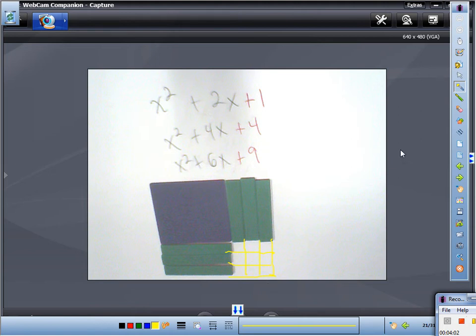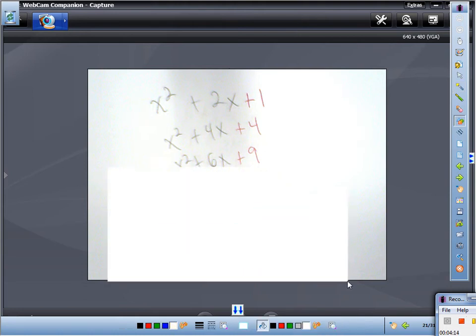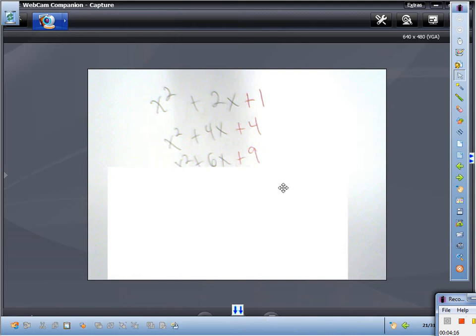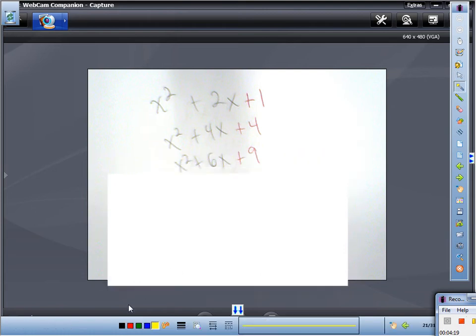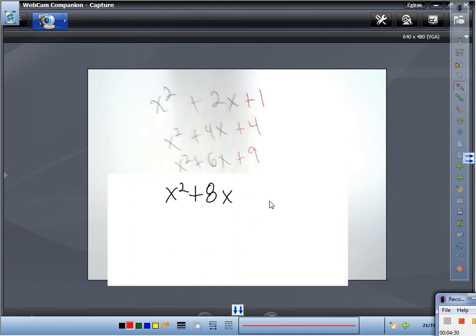Alright. Now I'm going to take away all the tiles, and I'm going to focus on just doing it with algebra, because there's a pattern to this, like everything, right? Check this out. X squared plus 8x. Tell your neighbor what we need to complete the square. Answer if you have it.